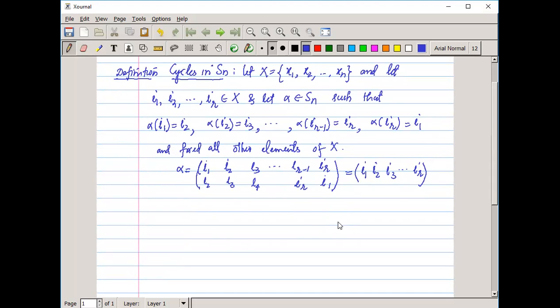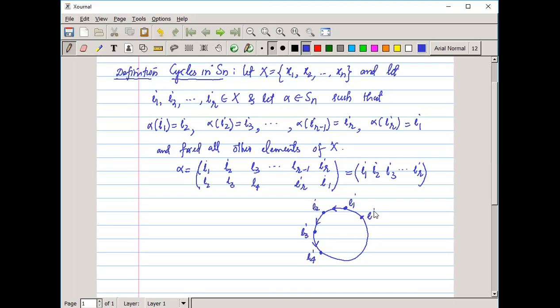Actually, this cycle can also have a circular representation. It can be represented on a circle. So let's construct a circle here. Then here we write i1. Then i1 goes to i2. This is usually written in the anti-clockwise direction. Then i2 goes to i3, so the image of i2 is i3, and similarly the image of i3 is i4, and so on.